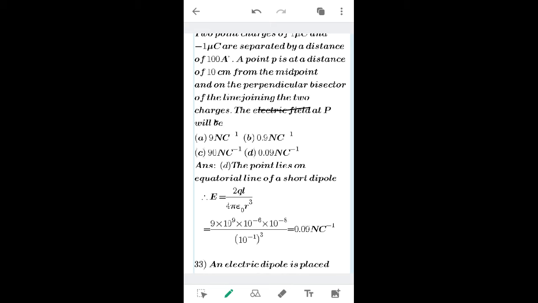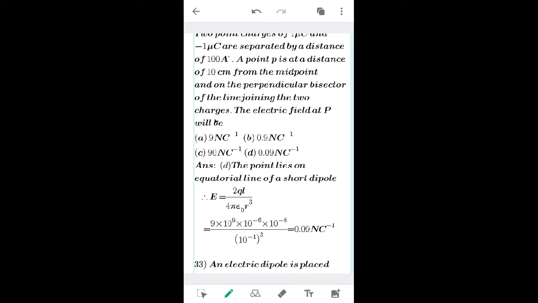The electric field at point P will be. So the options are A 9 Newton per coulomb, B 0.9 Newton per coulomb, C 90 Newton per coulomb, and the last option is 0.09 Newton per coulomb.